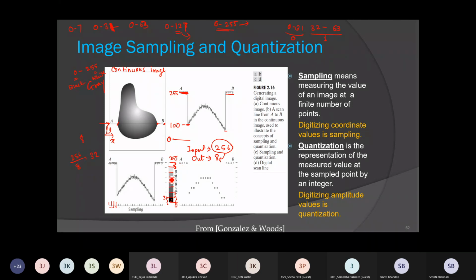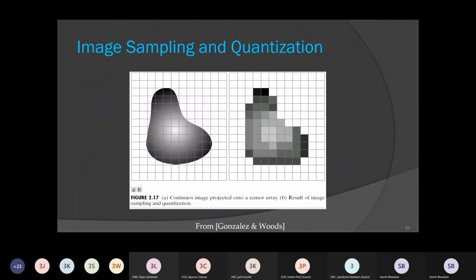We are not using each and every point, only sampled points, and the value given by this quantization rule. Are you getting me? I hope you have understood this process of sampling and quantization.